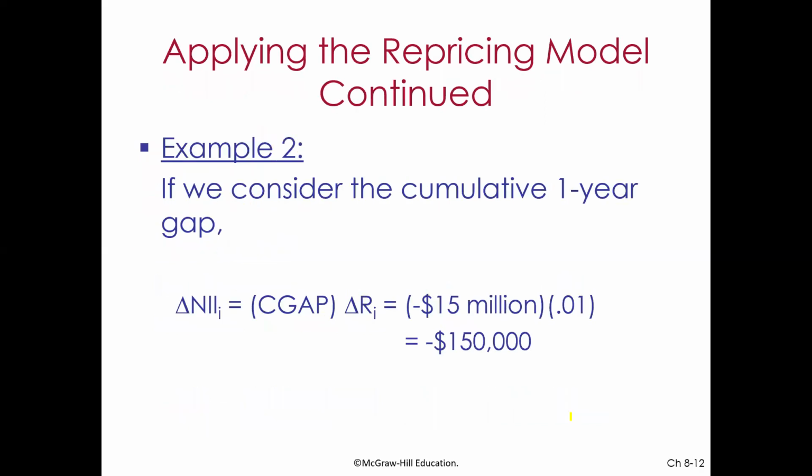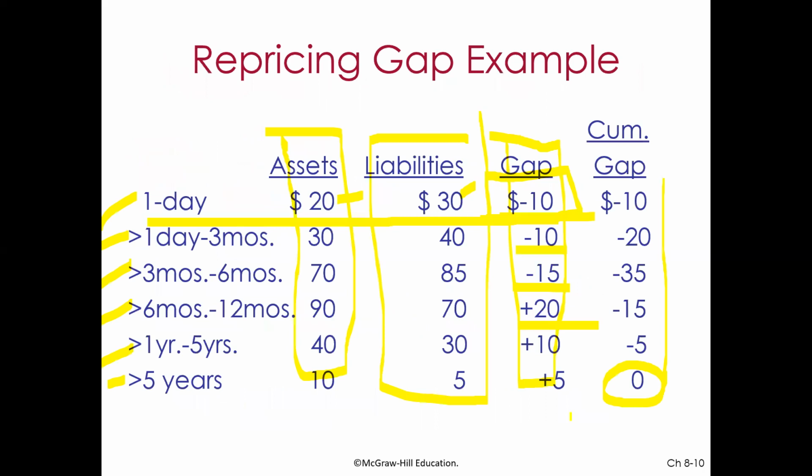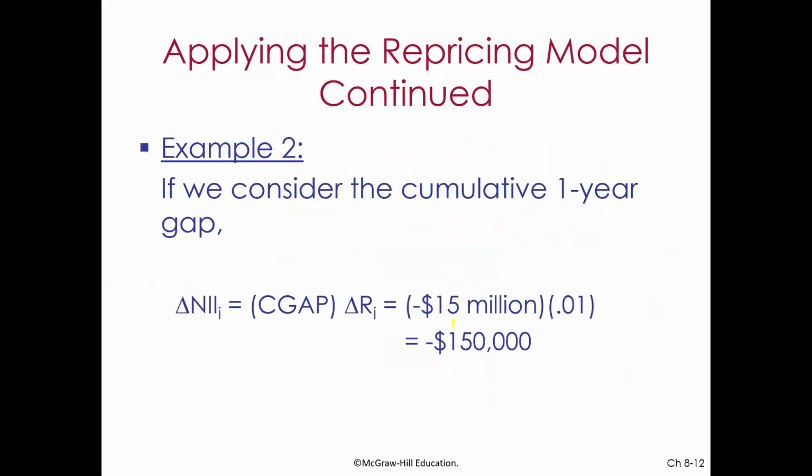Now we also can calculate a cumulative gap for a certain period. For example, if you look at the cumulative gap up to a 1 year period, the cumulative gap was negative $15 million. So once again, this is our cumulative gap. We multiply by 1%, and we see that it is negative 150,000.